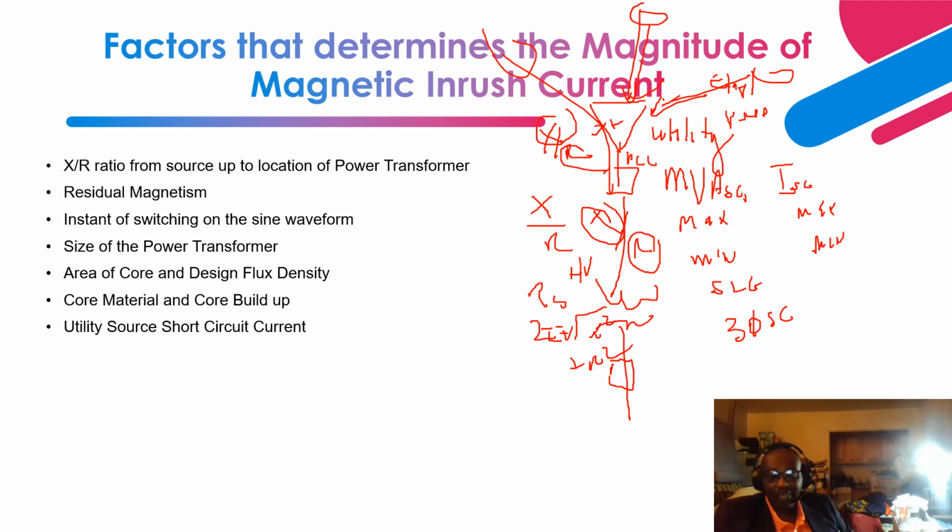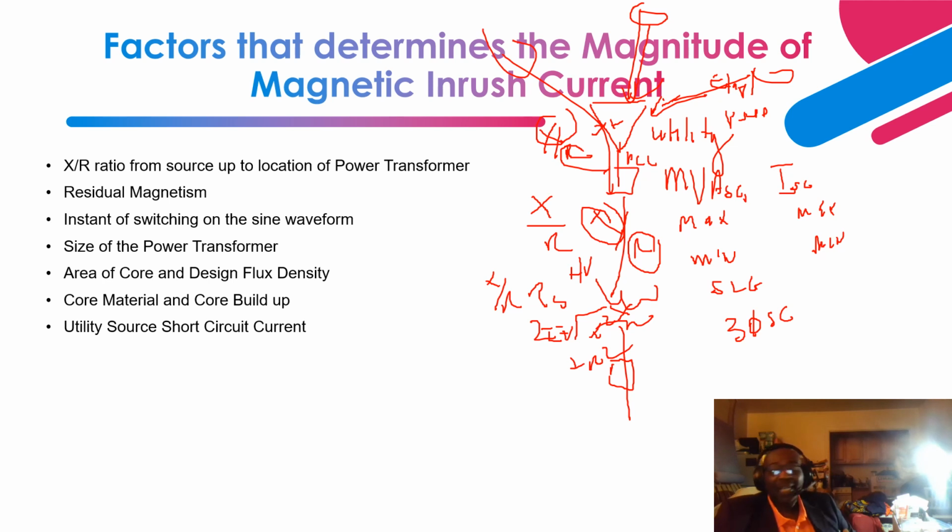That forms the impedance. So from there, we can find the X over R ratio of the transformer. So the total X over R ratio is all that up to the transformer.